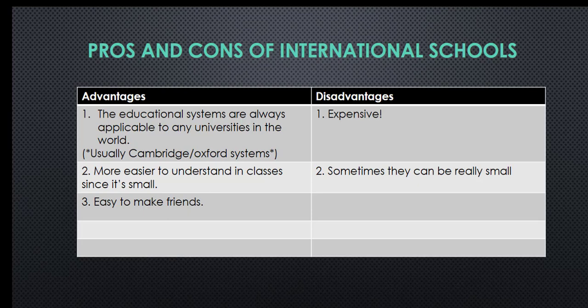I can't imagine how these kids stay there for more than 8 hours of studying in just one class, sitting down there. At least my school had a really large garden and a pool and stuff. But for those international schools made inside a building, they don't even have a garden, and students can't even walk around. It's basically like a tuition center. So that's the main disadvantage I found.